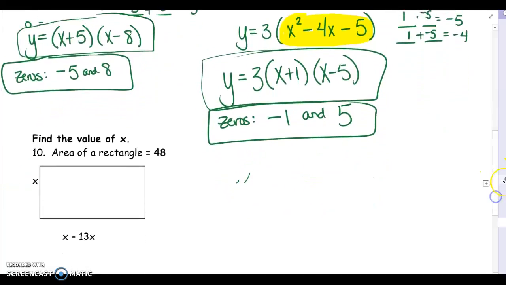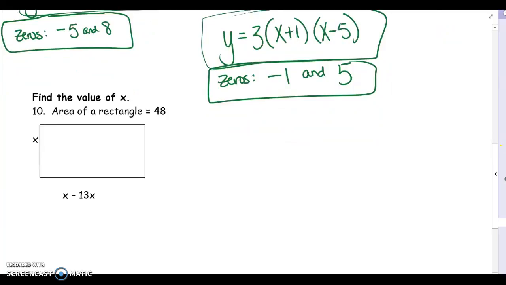The other kind of problem you're going to see today is area of rectangle problems. There is a mistake on your notes. If you could please correct it so that the bottom part of this rectangle says x minus 13 and not 13x. So cross out that x at the end.